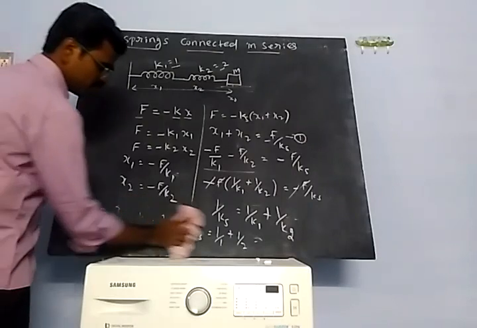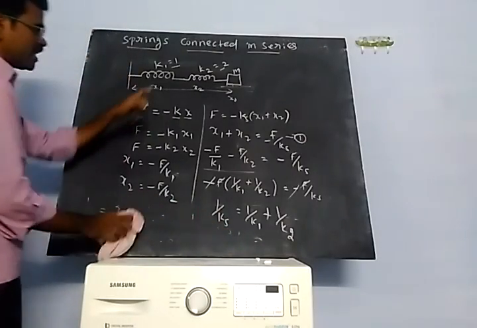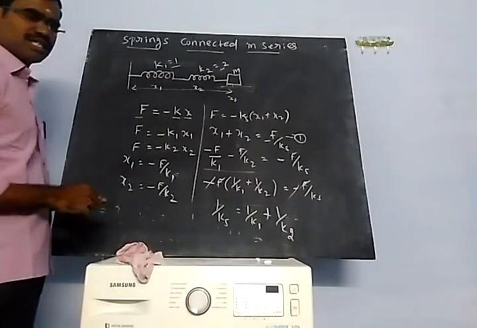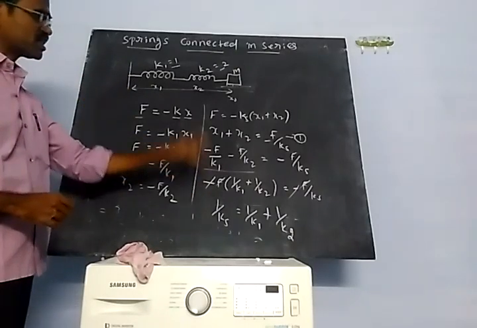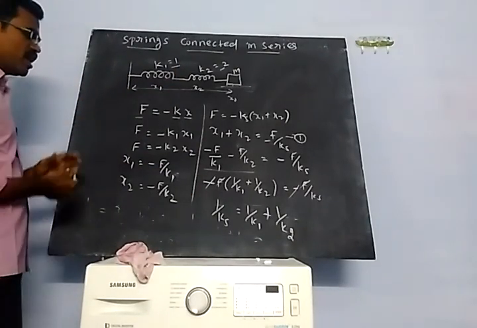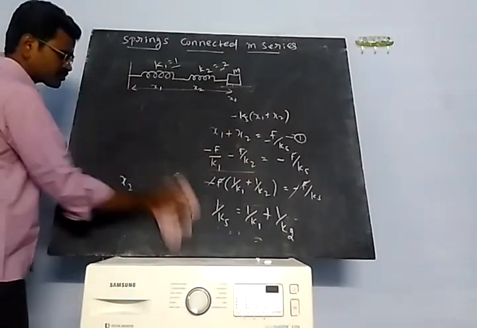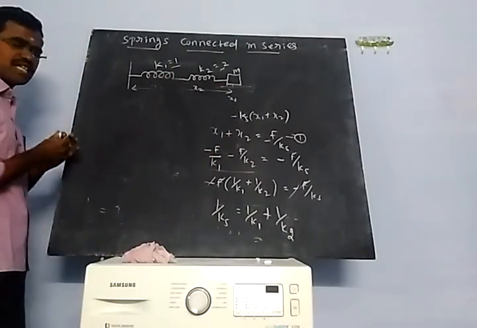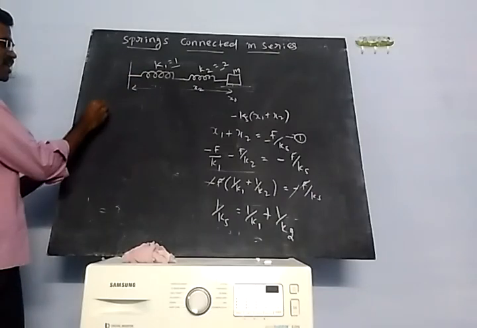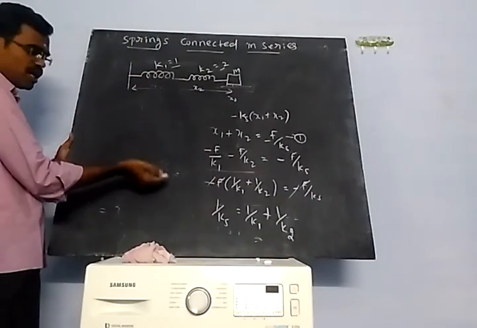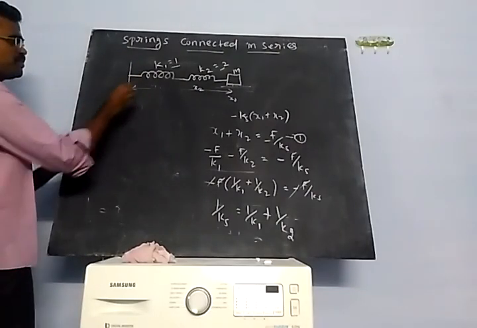Then next, here I took only two springs, so the spring constants are k1 and k2. If I take n number of springs connected in series, what is the effective or total spring constant?